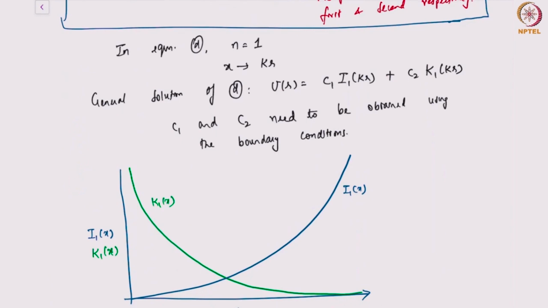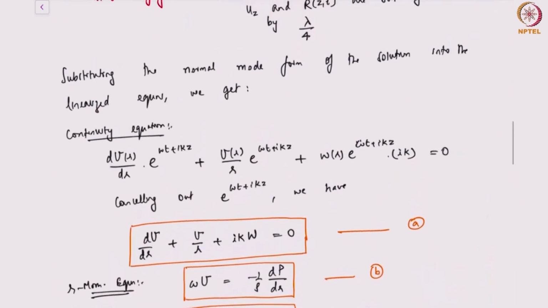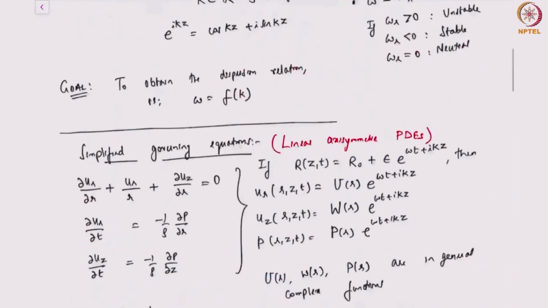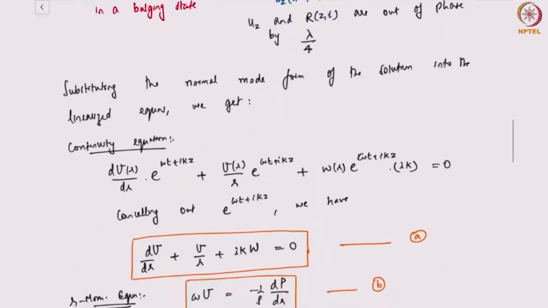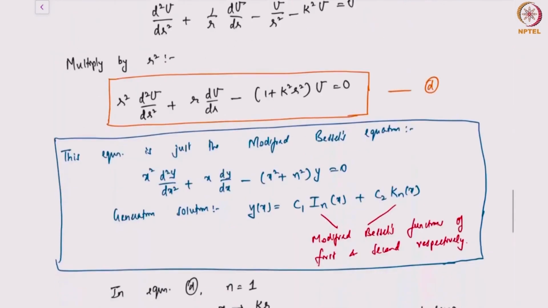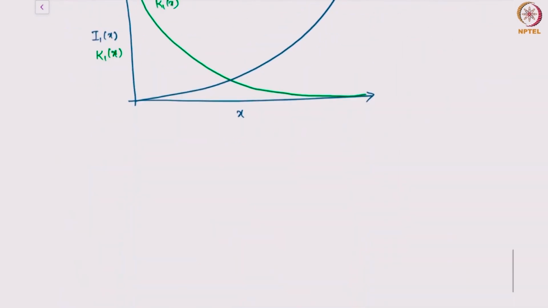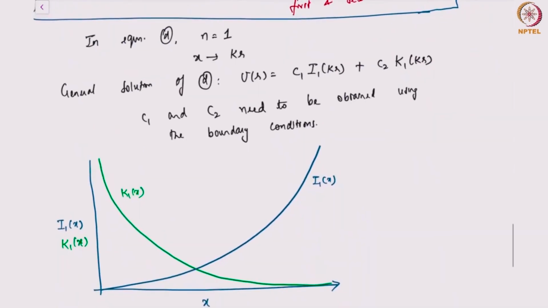Let me quickly summarize what we have seen so far. We have written down the governing equations, the simplified linearized equations. We substituted the normal mode form and we reduced it to the modified Bessel's equation.